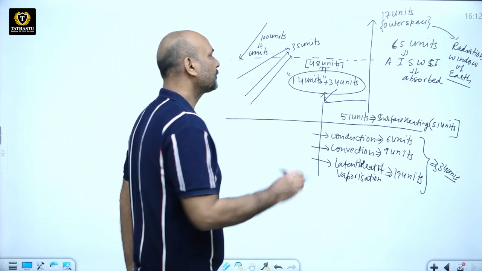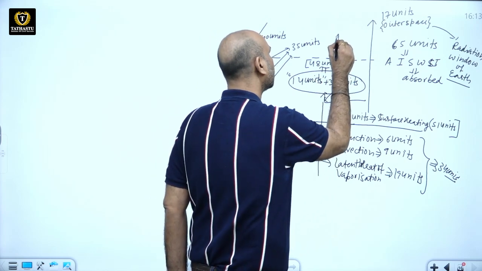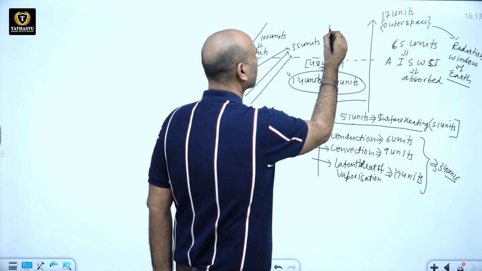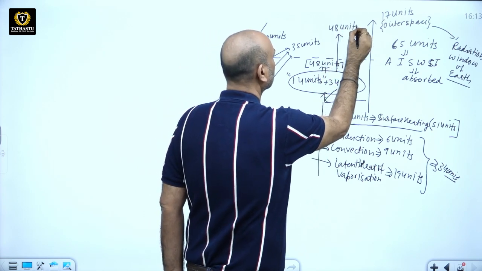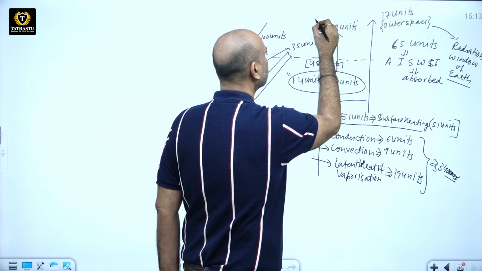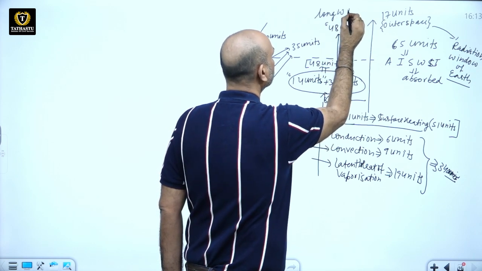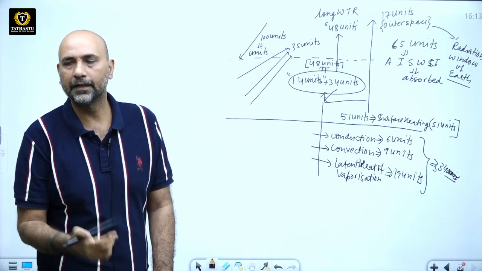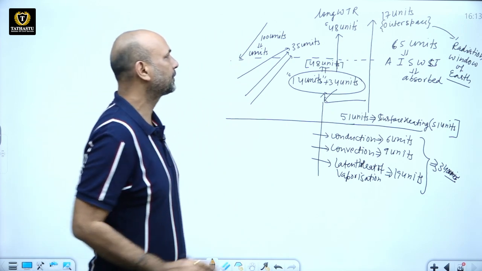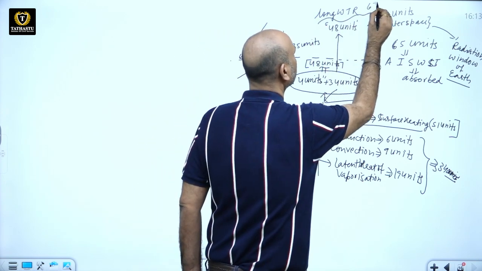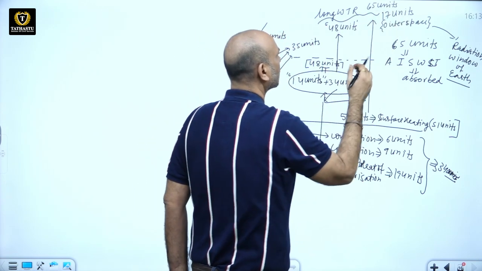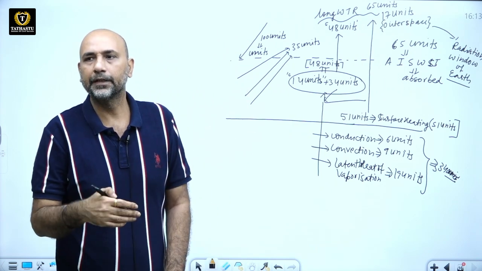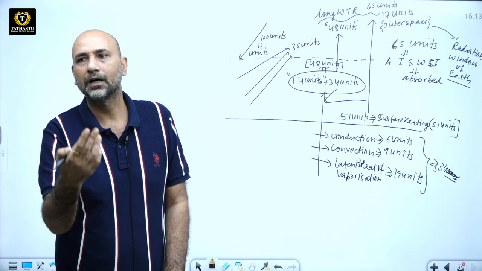Now, these 48 units from the atmosphere are transferred to outer space in the form of long wave terrestrial radiation. So now, how much total energy is moving from Earth to outer space? 65 units. 17 units directly from surface to outer space and 48 units from atmosphere to outer space.